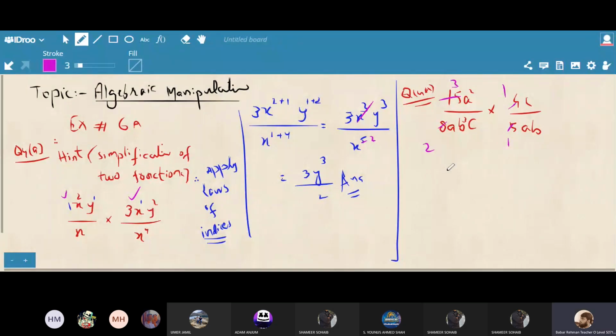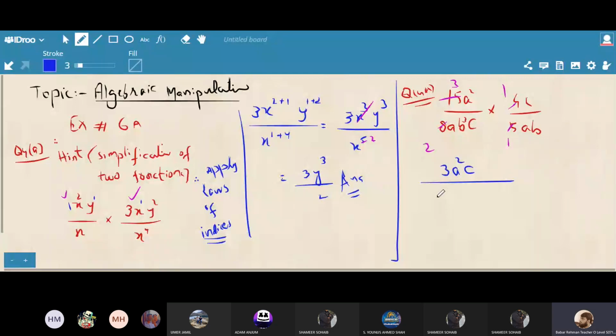And what is left in numerator? Sir, 3a to the power 2 to the power minus 1. No, why minus 1? I'm multiplying these numerators only, as I did in the previous question. And now, what about this?